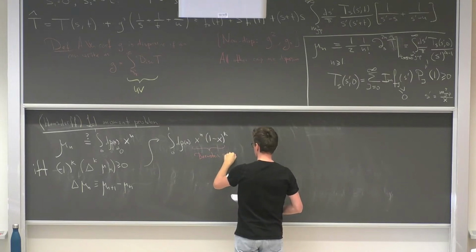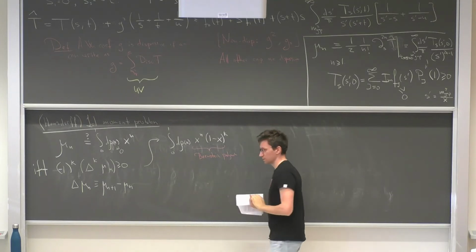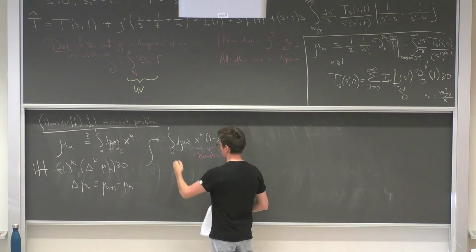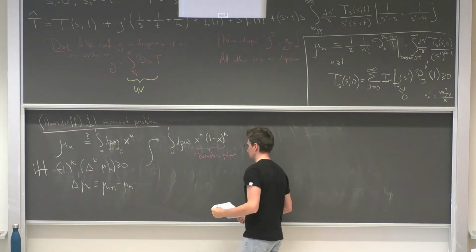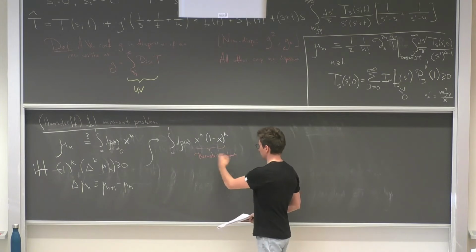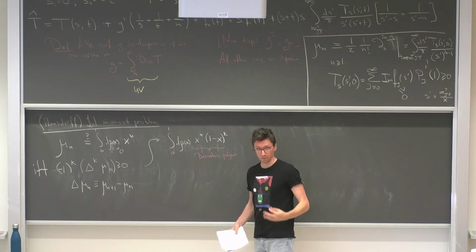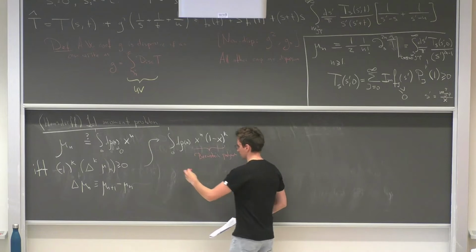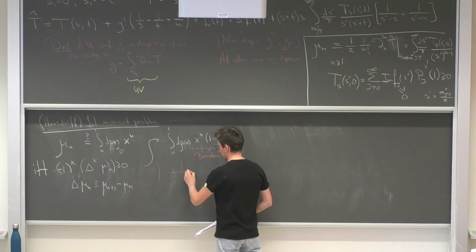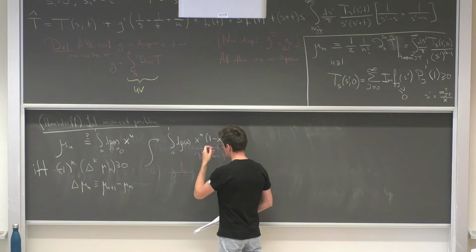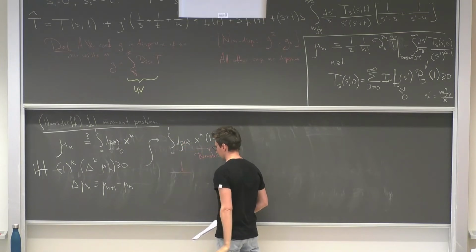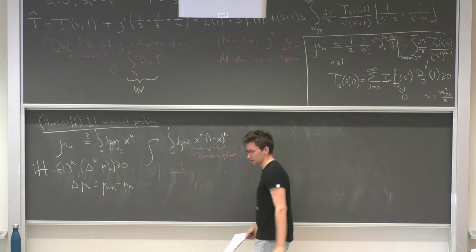Then you can use the Weierstrass theorem, which says that if you have a continuous function between 0 and 1, you can approximate it with arbitrary precision with polynomials, and in fact Bernstein polynomials are a complete basis. So you can pick any very sharp function localized at some x, build it out of Bernstein polynomials, and then you know the integral is positive, so therefore this rho of x is positive. So that's the idea.